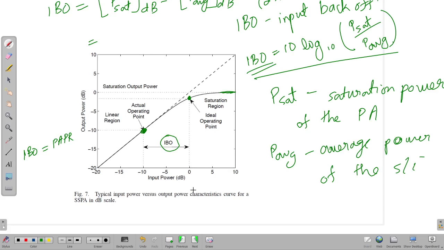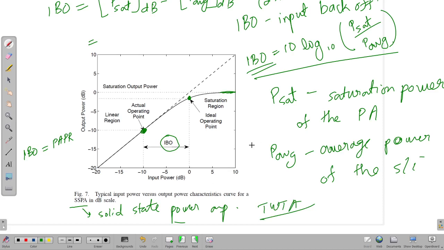There are mainly two types of power characteristics for a power amplifier. This is called SSPA, which stands for solid state power amplifier. There is also another characteristic called TWTA, which I won't be taking now.